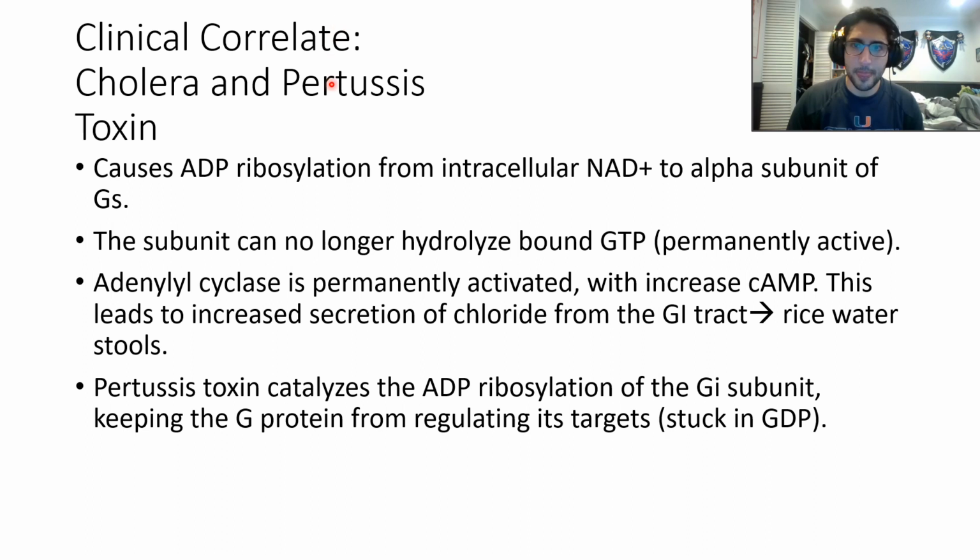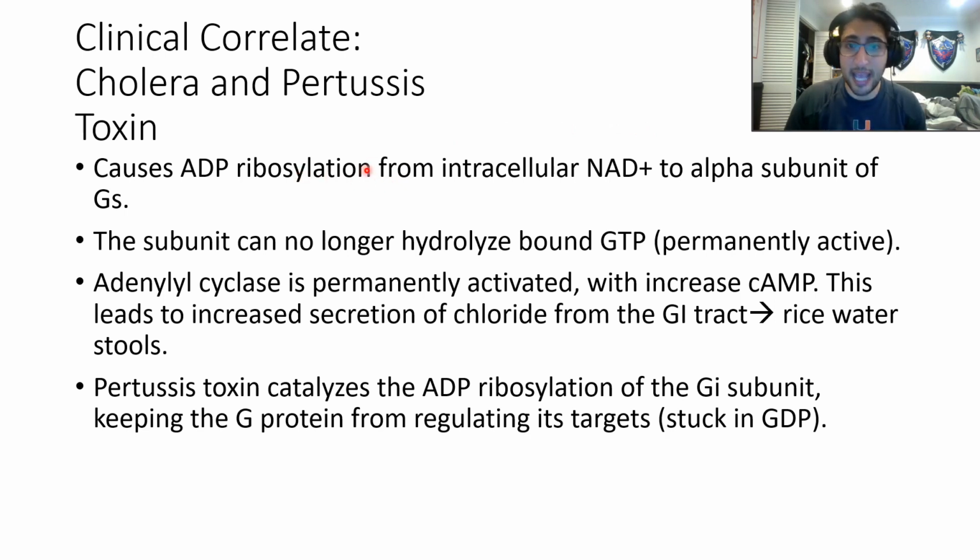All right. So the last clinical correlate we'll have is cholera and the pertussis toxin. So what the cholera toxin does is that it causes ADP ribosylation. Don't worry about that specifically right now. From intracellular NAD+, so you might remember that NAD+ is important for glycolysis. It's just hanging around in the cytoplasm.